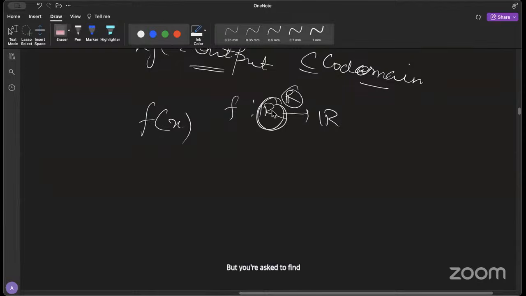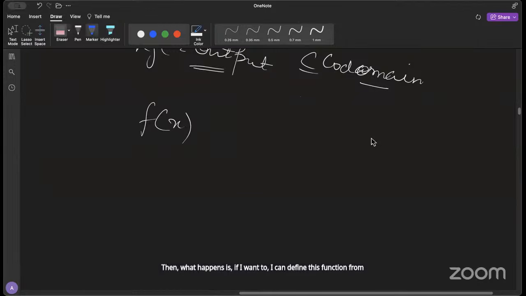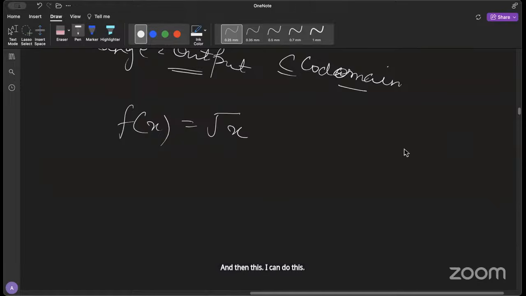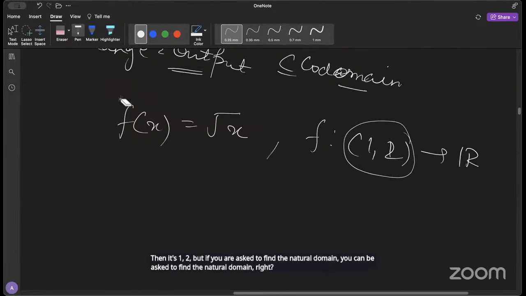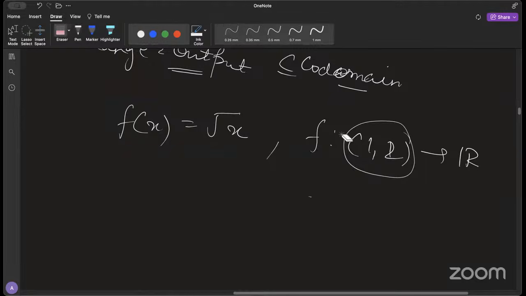Let's say I've been given root x. Then if I want to, I can define this function from -1 to 2, or from 1 to 2. Now if you're asked what's the domain of this function, then it's 1 to 2. But you can be asked to find the natural domain, right?